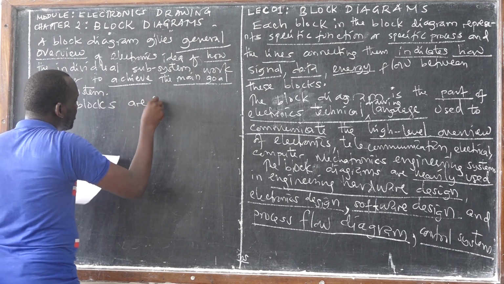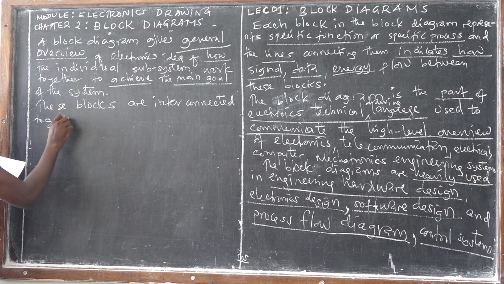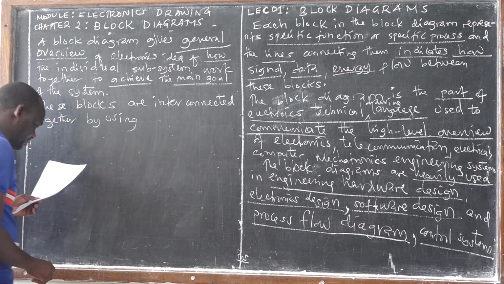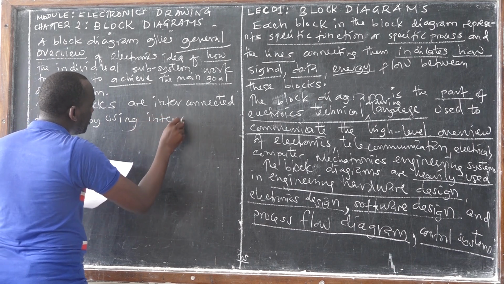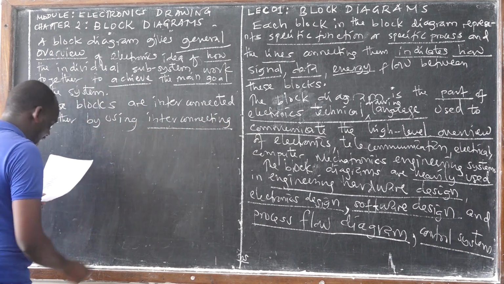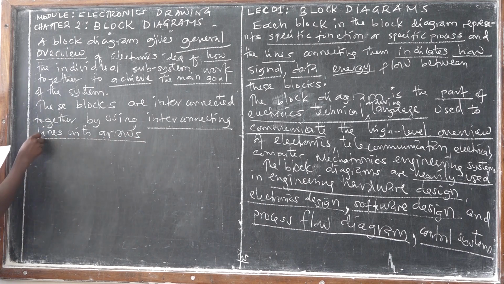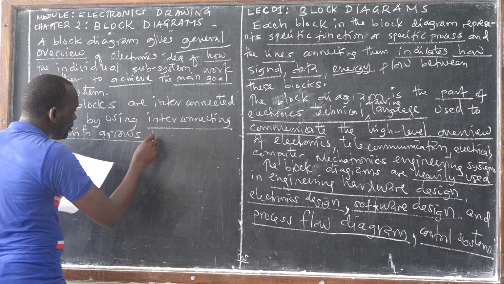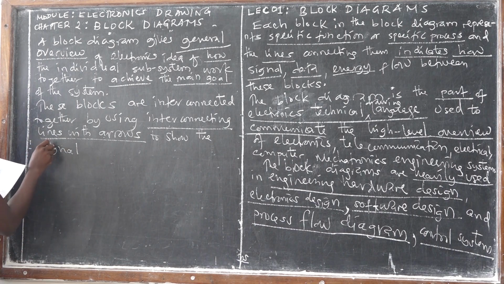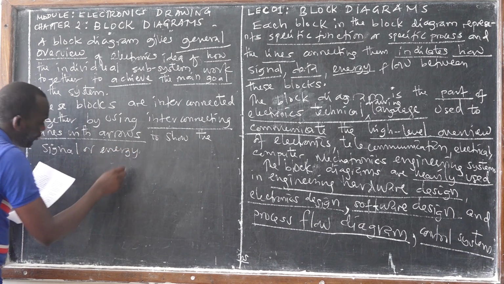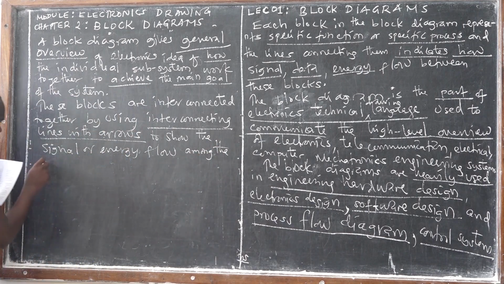These blocks are interconnected together by using interconnecting lines with arrows to show the signal or energy flow among the blocks.